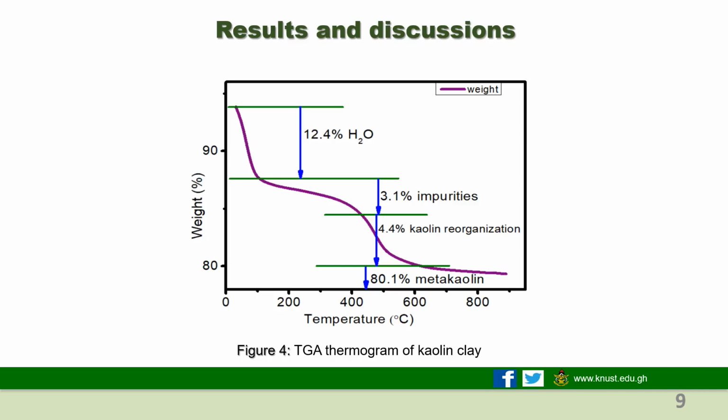The decomposition began with the removal of water from 60 degrees Celsius to 106 degrees Celsius, and organic impurities and carbonates were removed at 428 degrees Celsius, followed by the reorganization of kaolin into metakaolin at 611 degrees Celsius, and the metakaolin was maintained up until 900 degrees Celsius.